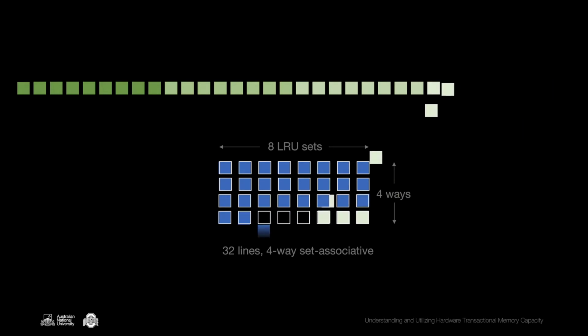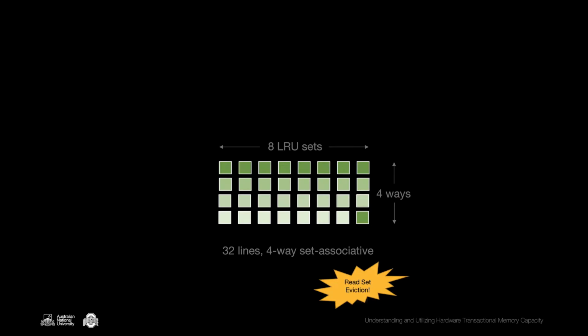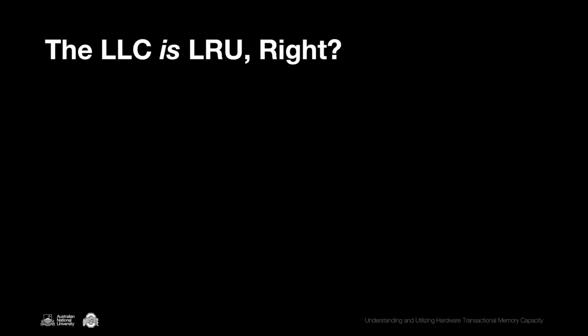When we access contiguous memory in a transaction, the least recently used blue lines are evicted, and the transactional lines fill in the cache in the same fashion. When we access the 33rd line, we have to evict the least recently used line in the rightmost set, which is a line in the transactional read set, aborting the transaction. As before, the read capacity is roughly the cache size.